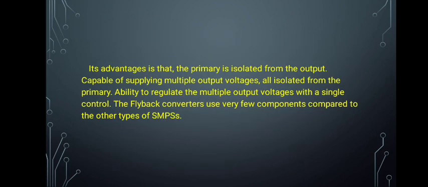Its advantages are that the primary is isolated from the output, and it is capable of supplying multiple output voltages, all isolated from the primary, with the ability to regulate the multiple output voltages with a single control. The flyback converter uses very few components compared to the other types of SMPS.